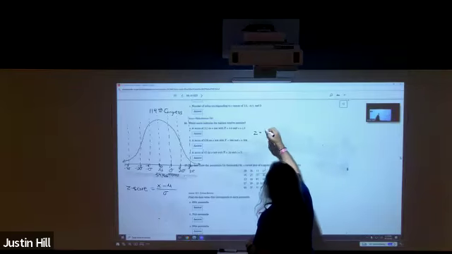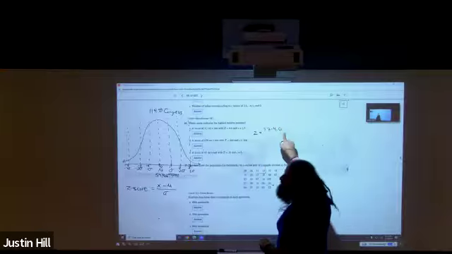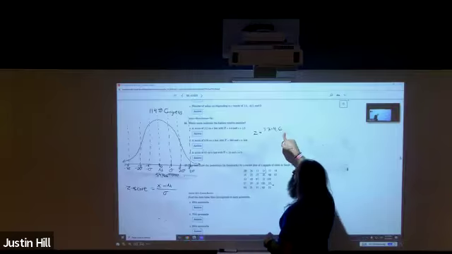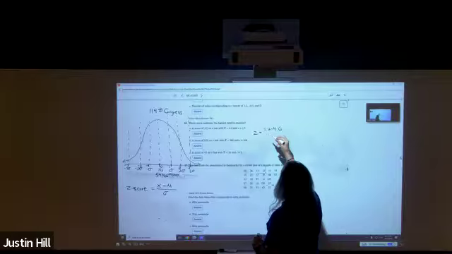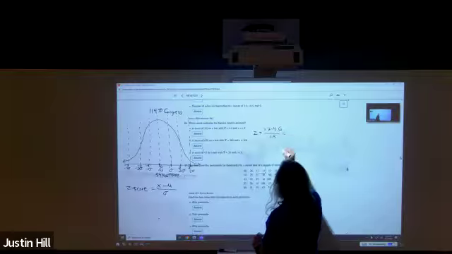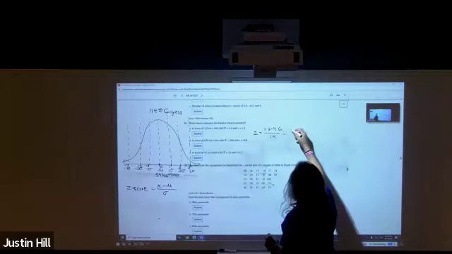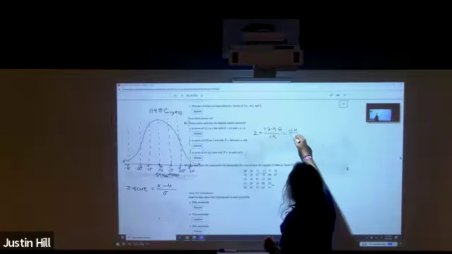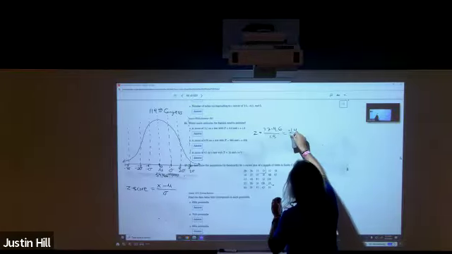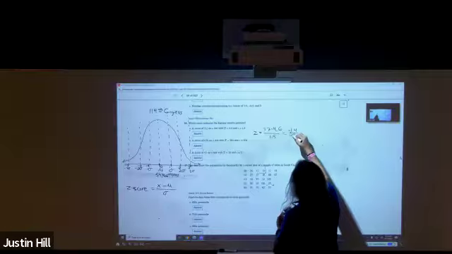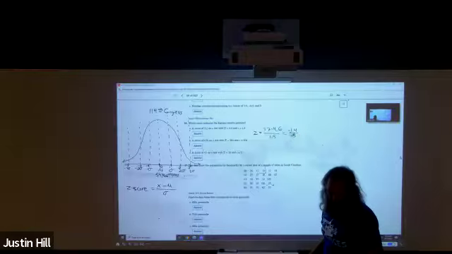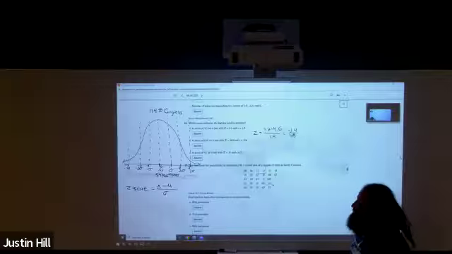So their Z-score is going to be 3.2 minus 4.6, that's their distance away from the mean, and then we're going to divide it by 1.5. That's negative 1.4 divided by 1.5. And like we were talking about, you're going to round that to 2 decimal places. So what did you get for the Z-score there?